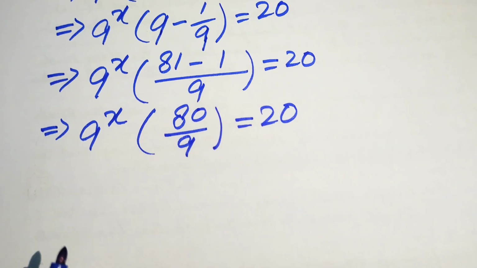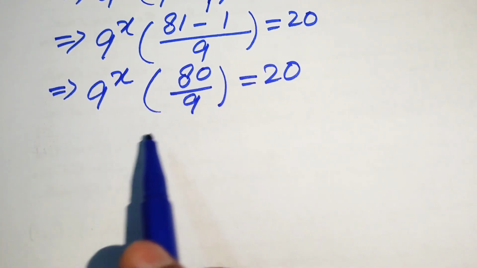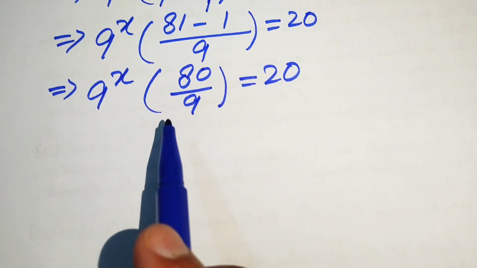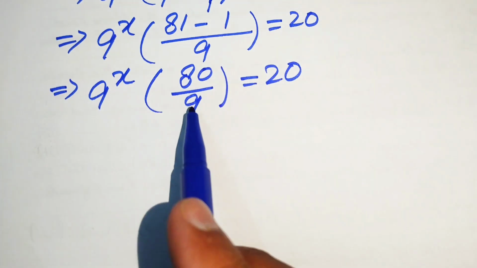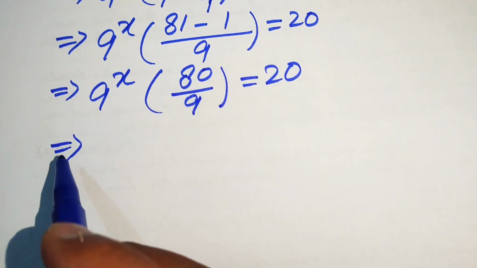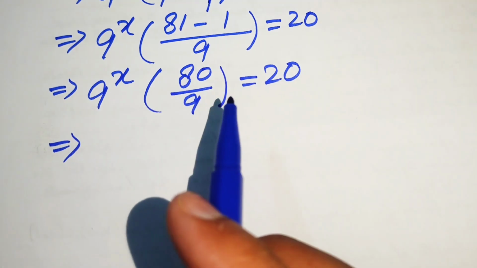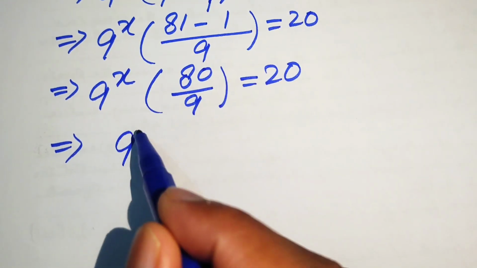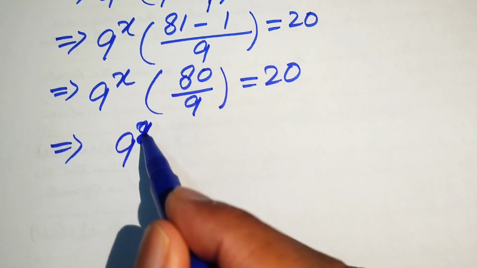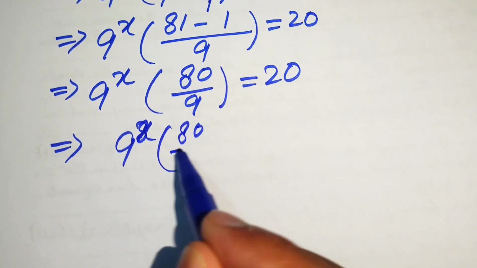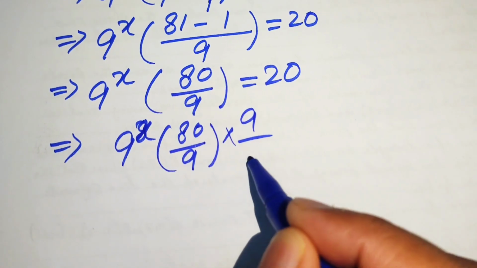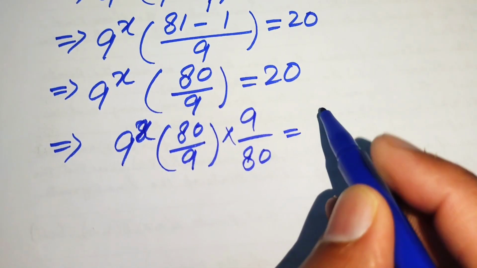Further, in the next step, we need to move this 80 over 9 to the right hand side. In order to remove this from the left hand side, we multiply both of the sides by 9 over 80.